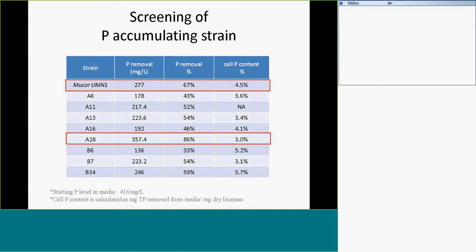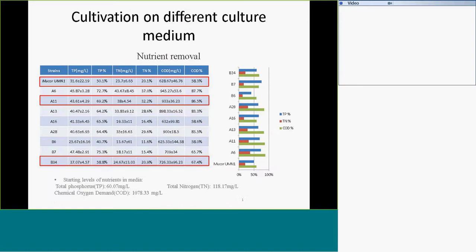Those 2 parameters are important because first, we want to remove phosphorus from the liquid phase, right? And second, we want to improve the phosphorus concentration in cell biomass, because that means we can recycle the phosphorus in it for some other application purposes.